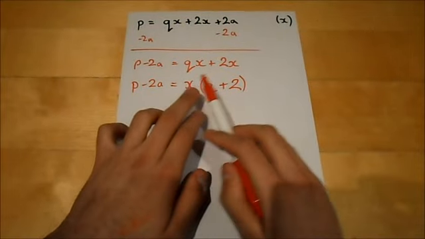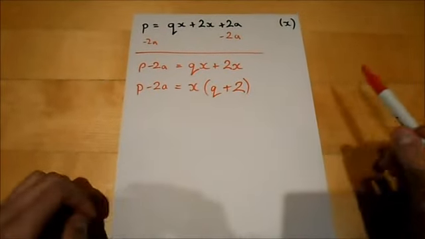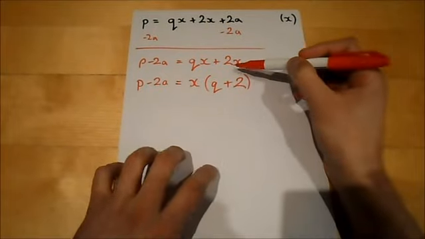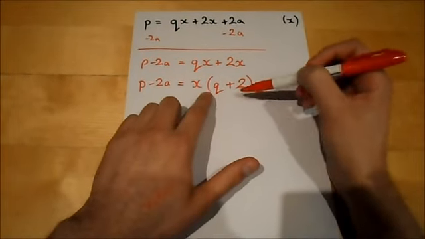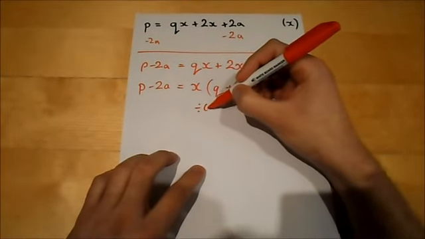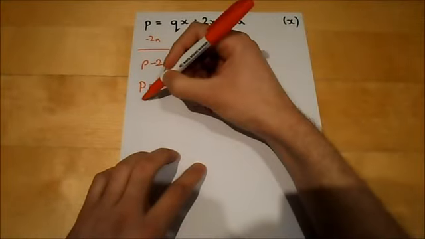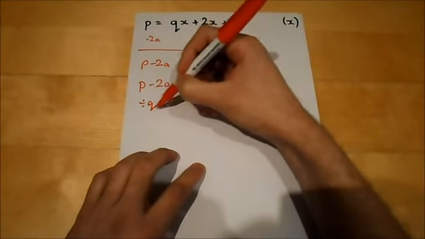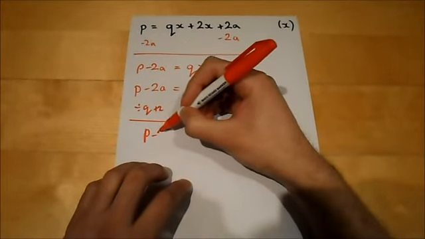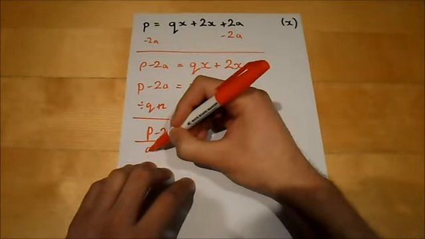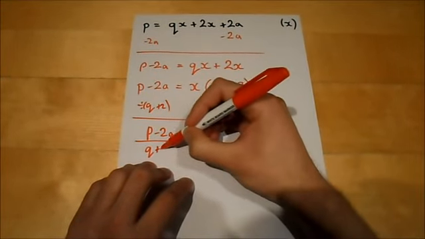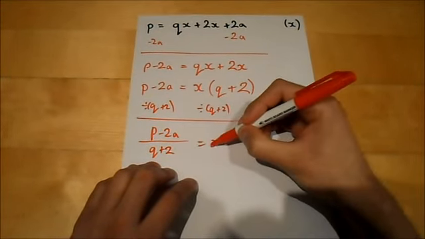This is x multiplied by (q plus 2). Now I can get rid of all of this. Because this is x multiplied by (q plus 2), the inverse would be divide by (q plus 2), which I can do to both sides. So (p minus 2a) divided by (q plus 2) equals x.